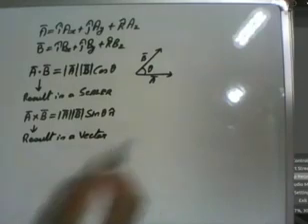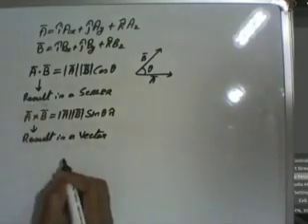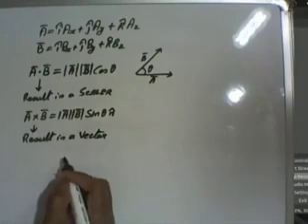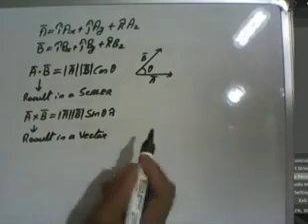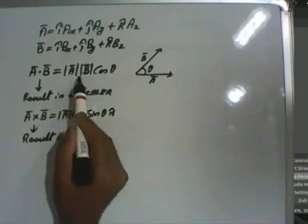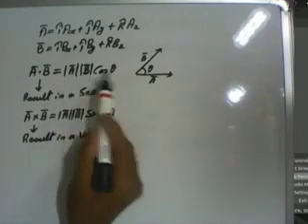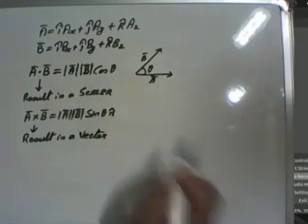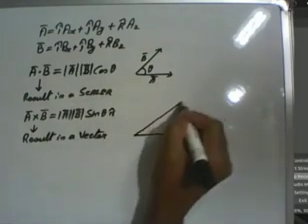So what is the physical significance of this scalar product and vector product? This is important. The physical significance of the scalar product simply means the magnitude of the vector A and the projection of the vector B along the direction of A. So if I draw it a bit bigger, it's something like this.